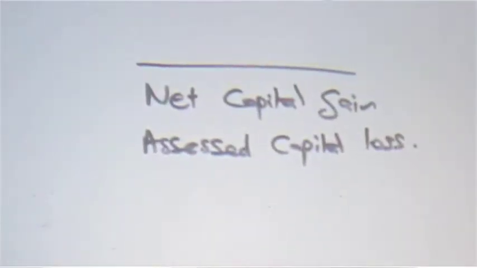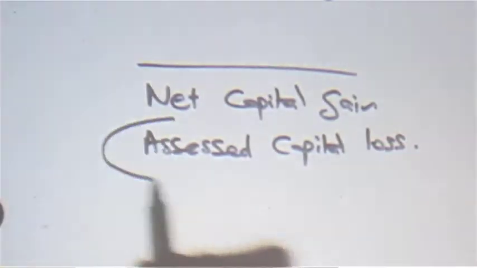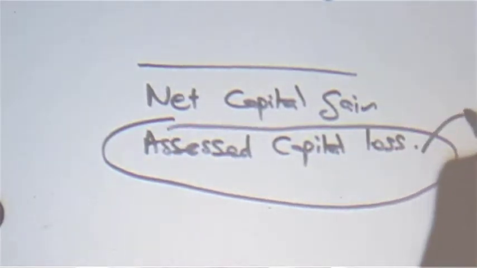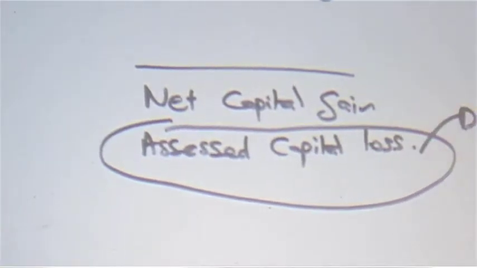Now remember, taxpayers who had an assessed capital loss for the year of assessment, that assessed capital loss cannot do anything except be carried forward to the following year of assessment.